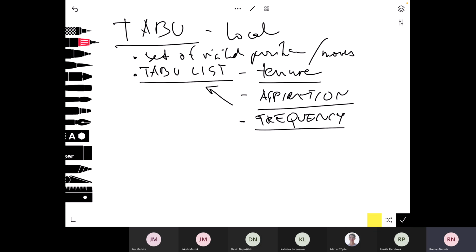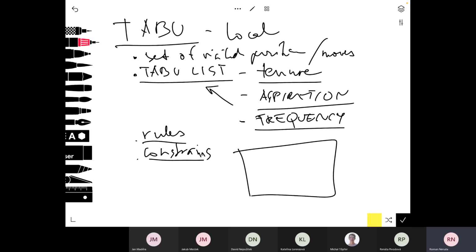It can also be formulated in continuous domains where the individuals represent vectors of floating points. Then sometimes the taboo list is not actually considered to be a list of exact solutions, but it can be some kind of rules or constraints telling us, for example, that in the Euclidean space, like for example, this area is no good, so don't go there, right?